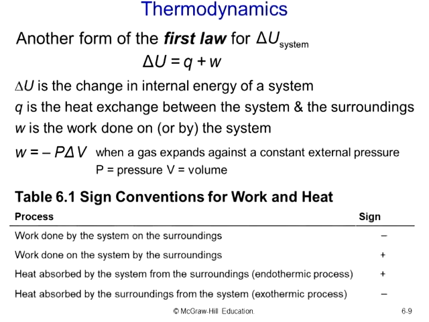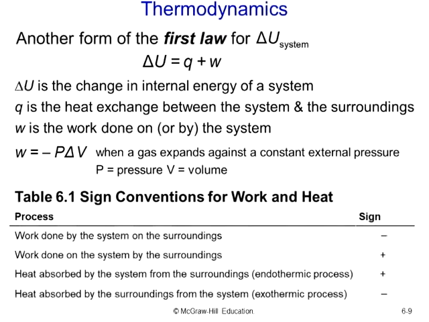So, another form to look at the first law is to say that the change in the internal energy of the system is equal to the heat exchange between the system and the surroundings and the work done on or by the system.